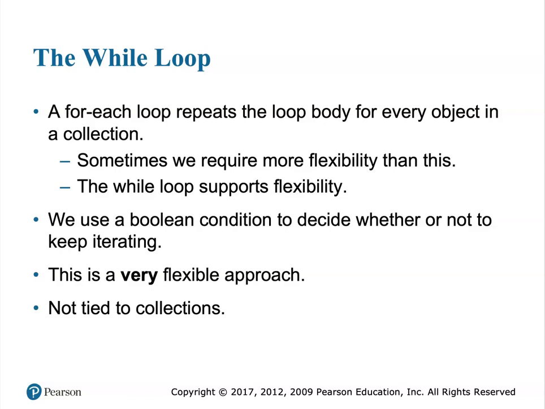It could be a simple Boolean with just one expression. But the idea is, at the top of the loop, we ask the question. If the Boolean condition evaluates to true, we go into the body of the loop. We execute all of the statements in the loop. When we reach the end of the loop, the closing curly brace, we go back up to the top of the loop and we evaluate the condition again.